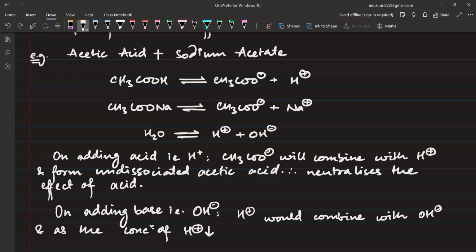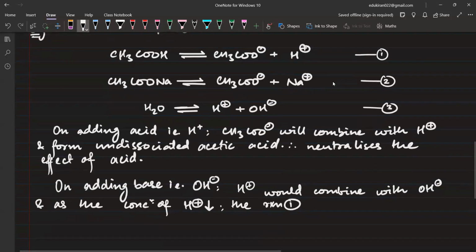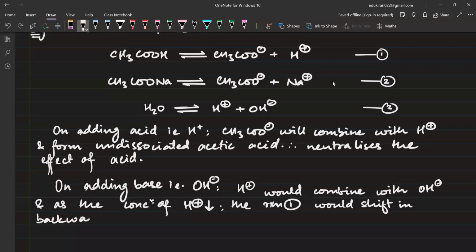And when the concentration of H positive decreases, the pH would change. But as the concentration of H positive decreases, reaction 1, the first equilibrium, would shift in the backward direction. Backward? No, my bad. Forward direction, because the concentration of the product is decreasing, so it shifts in the forward direction.